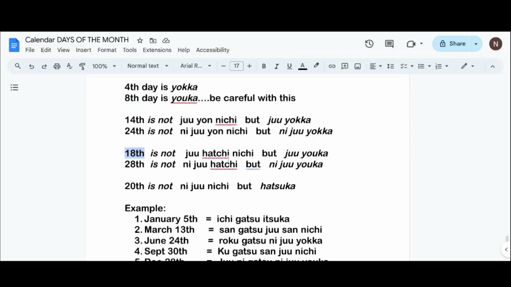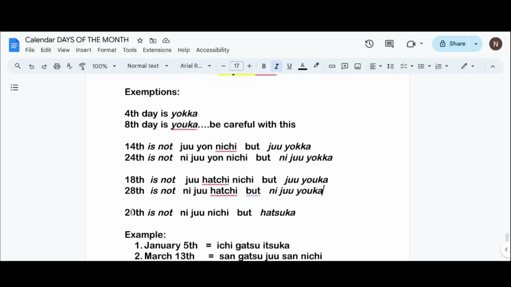But the proper for the 18th is juyoka. And the 28th can also be said nijuhachi nichi, depending on your level of speaking, but the perfect is nijuyoka.